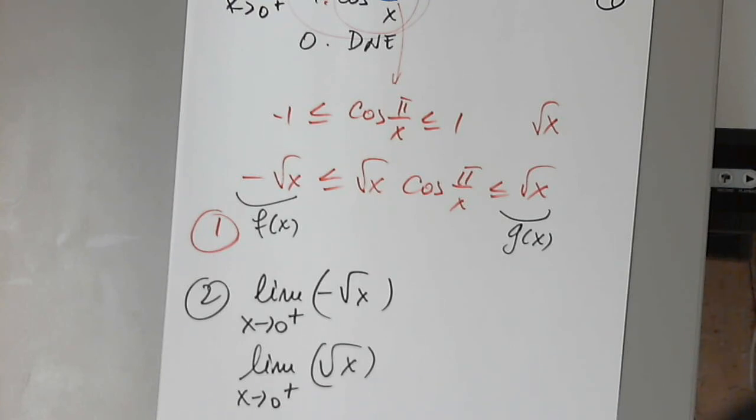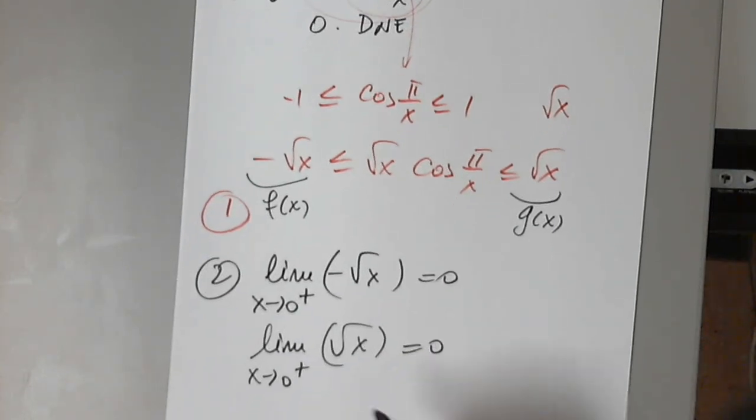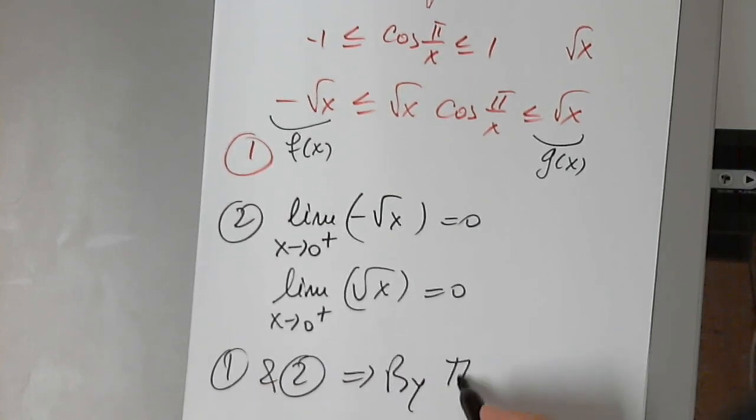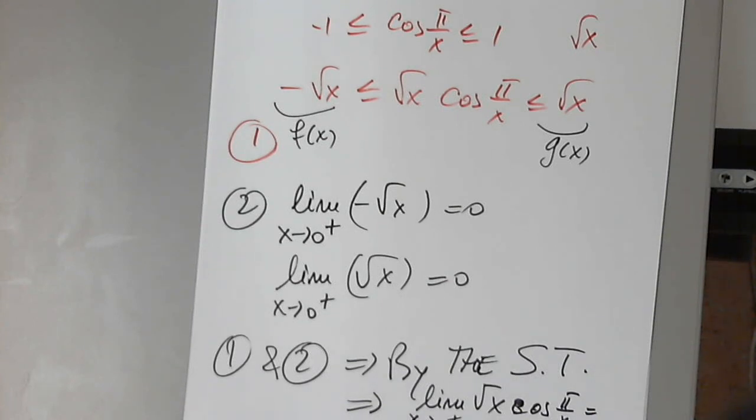So the answer for both is 0. They both exist and they are equal. Therefore, from 1 and 2, by the squeeze theorem, we conclude that the limit of the square root of x cosine pi over x as x approaches 0 from the right must be 0.